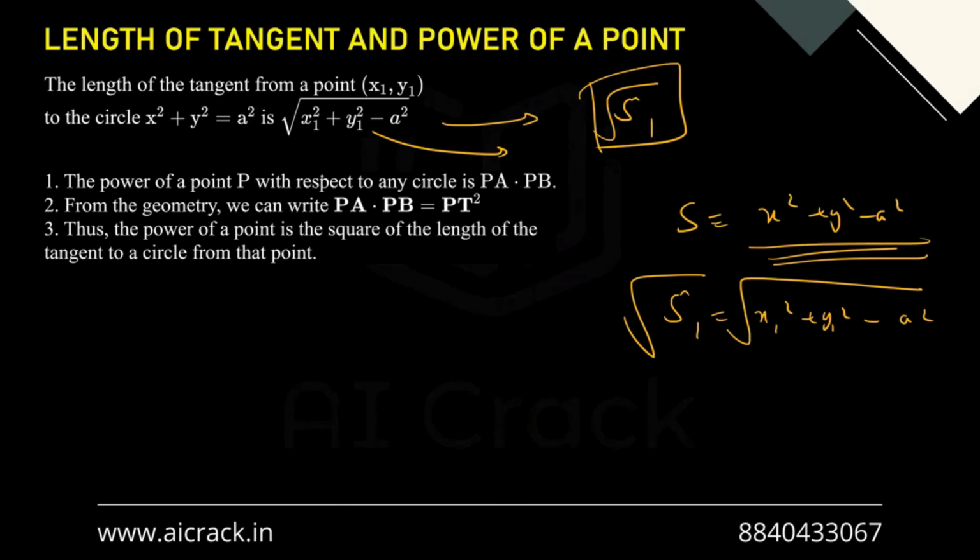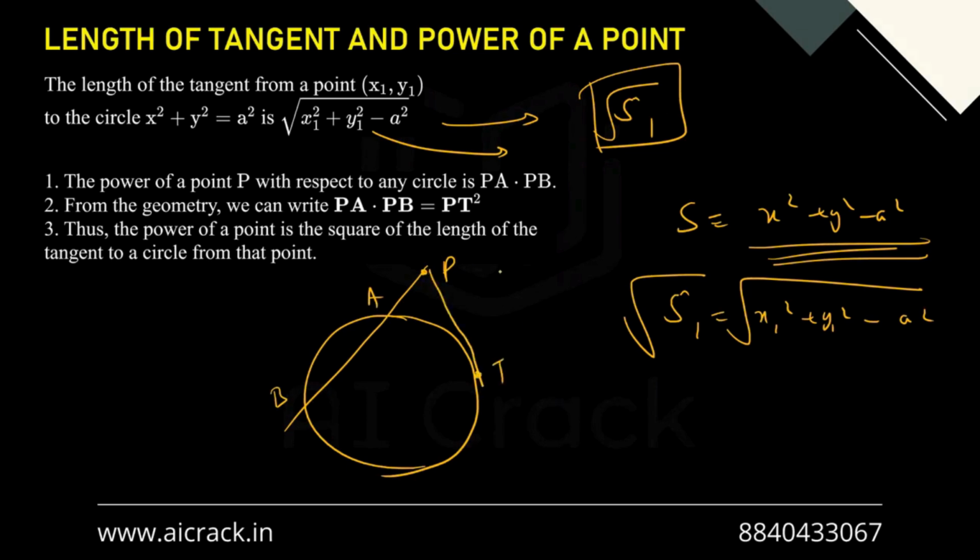Now, the power of point P with respect to any circle is PA dot PB. So let's say this is our point P, and I've drawn one secant. This point is A, this point is B, and this is a tangent, and this point is T. So this length is PT, this length is PA, this length is PB. According to the power of point formula through geometry, we'll get PA dot PB equals PT square.